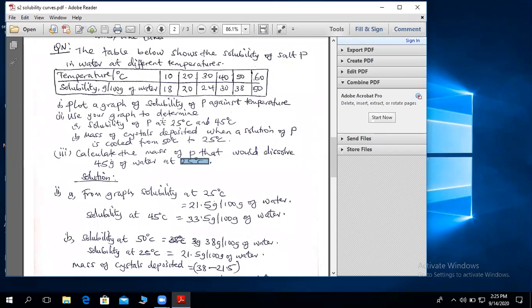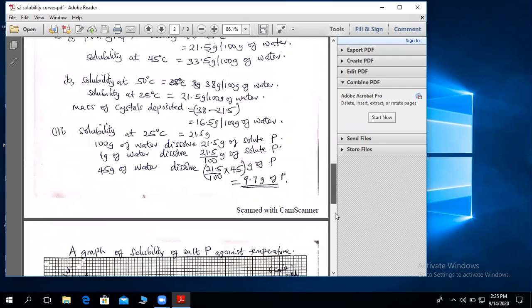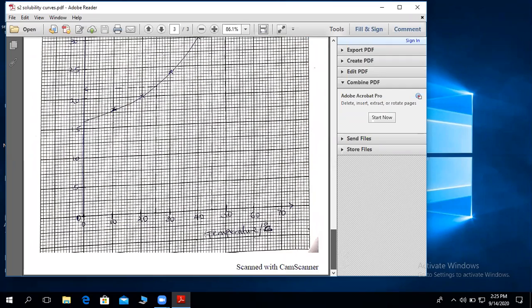So at 25 degrees centigrade, I go to the graph and I look for 25 degrees centigrade, which is here. From 25 degrees centigrade, I move up until I meet the graph and I read the solubility from here. The answer I get from here is the solubility that tallies with 25 degrees centigrade.